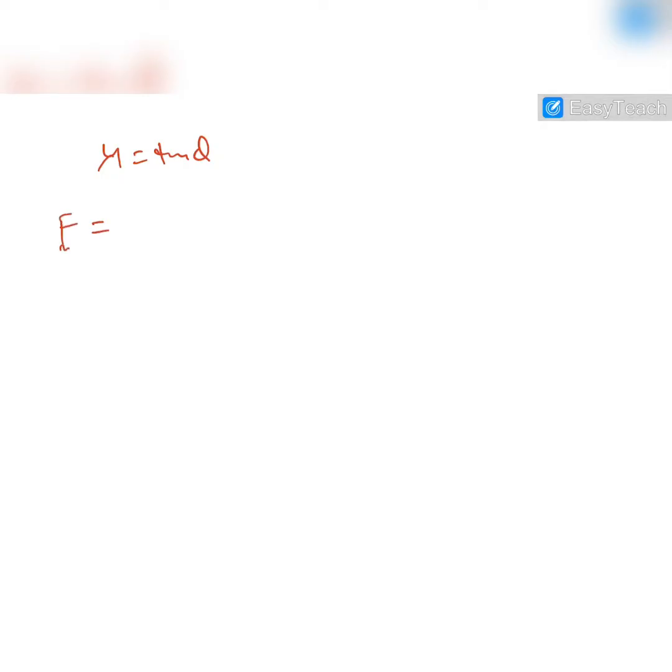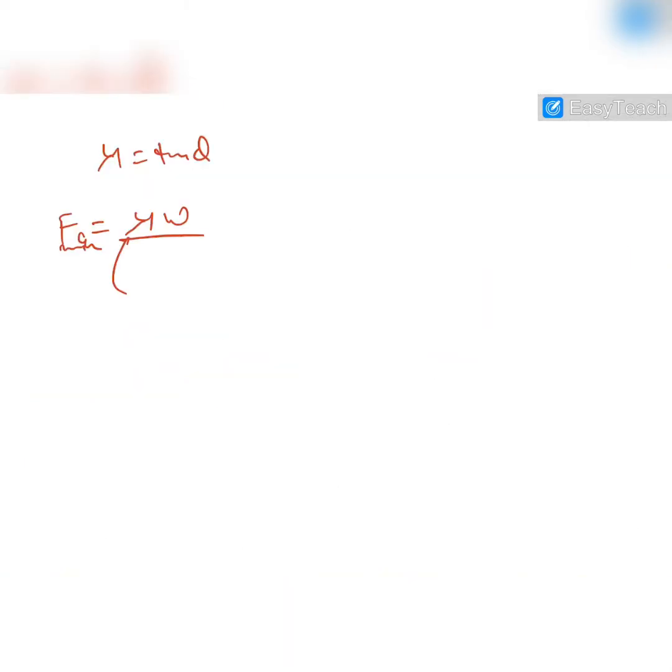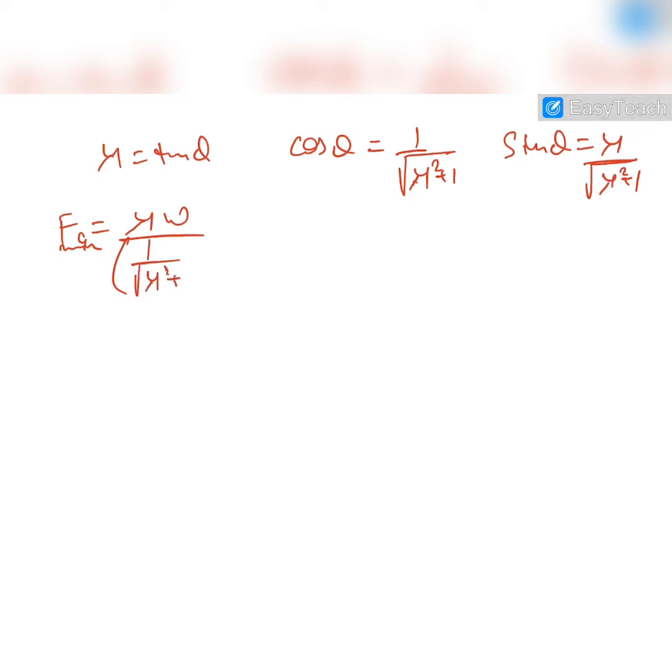So F minimum will be mu W divided by cos theta plus mu sin theta. If tan theta is mu, then cos theta will be 1 upon under root of mu square plus 1, and sin theta will be equal to mu upon under root of mu square plus 1. So this is cos theta, which is 1 upon under root of mu square plus 1, and the sin theta term gives mu square upon under root mu square plus 1.